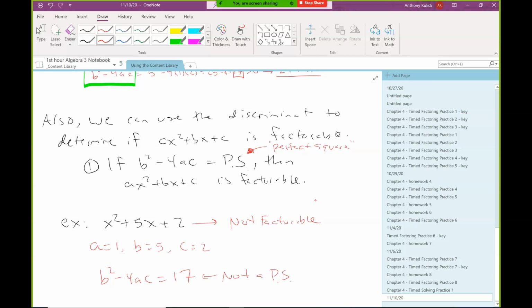Once you start thinking it's not factorable, this is a nice confirmation for us, because it's quick and pretty easy to do. So far, so good? Okay. Questions about either of these two rules using this discriminant? Whether looking at the number and type of solution or looking at whether a quadratic is factorable or not?